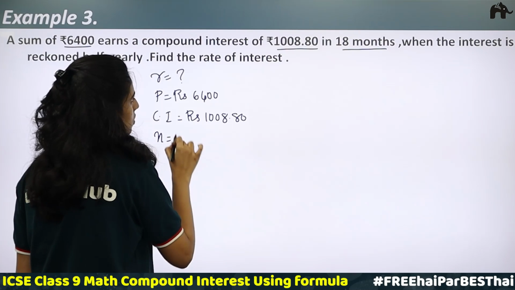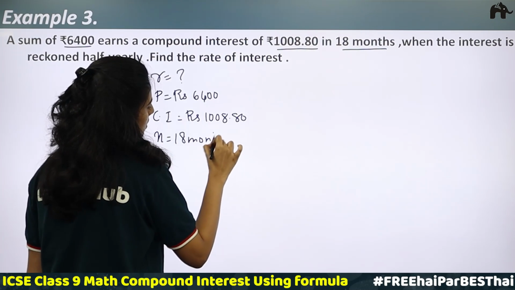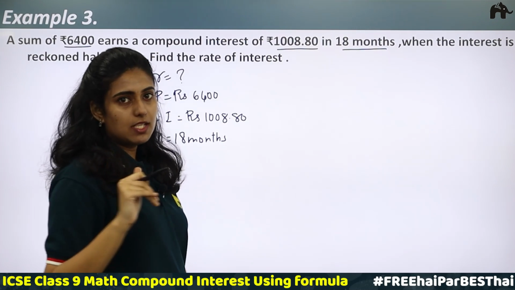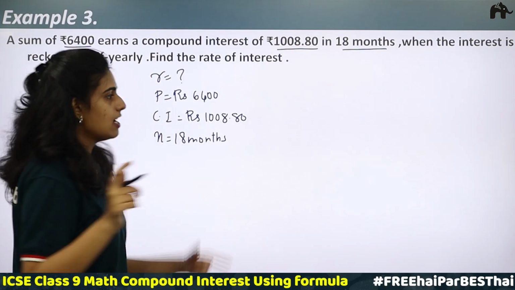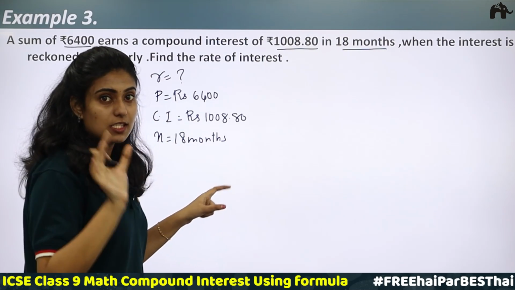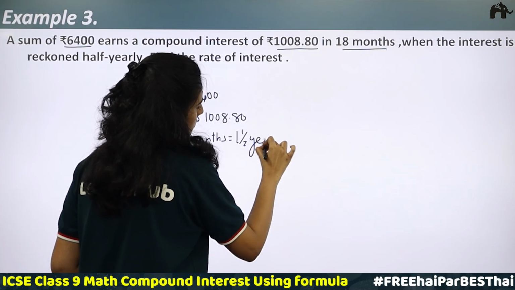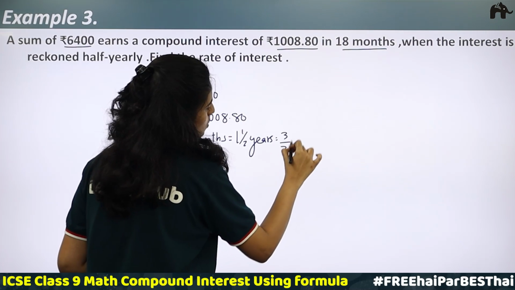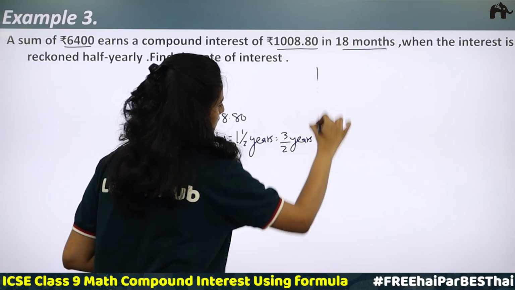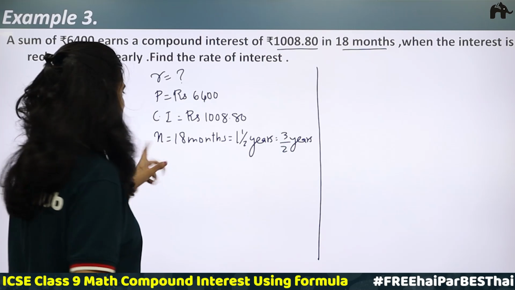N is equal to 18 months. Okay, what is 18 months? We know 12 months is 1 year. 1 year plus 6 months. 6 months is half year. This is equal to 1.5 years, which is 3 by 2 years. So, we got N.